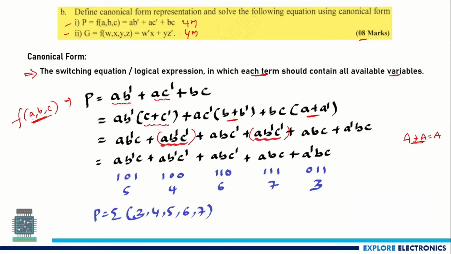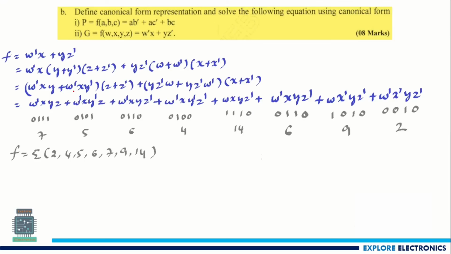By using this rule we can replace these two with a single expression, a, b bar, c bar. And now if we take these into values, 5, 4, 6, 7, 3 are the values we are going to get for these minterms.